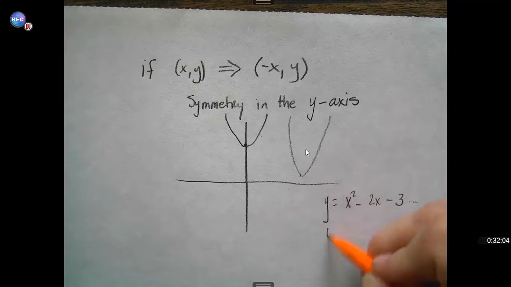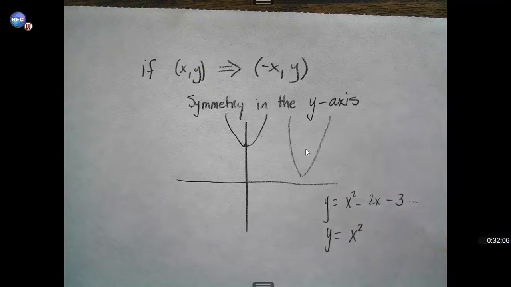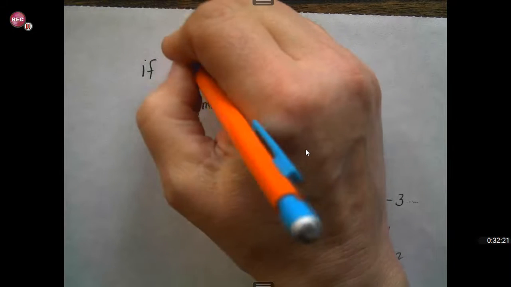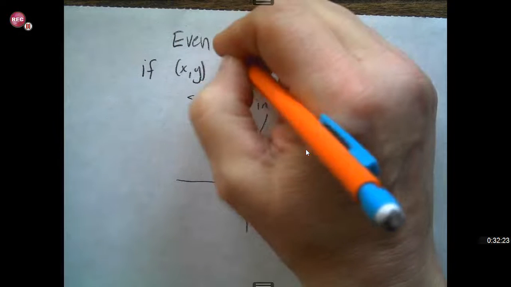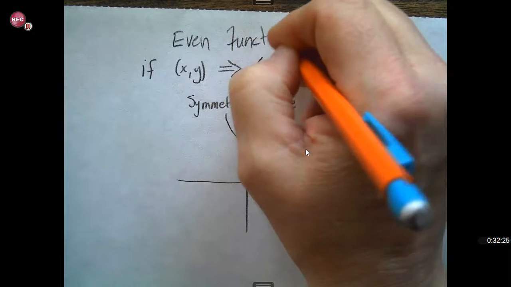But if I look at y equals x squared plus 4, it will have symmetry in the y-axis. Or y equals x to the 4th plus x squared will have symmetry in the y-axis. And that's what makes it an even function.